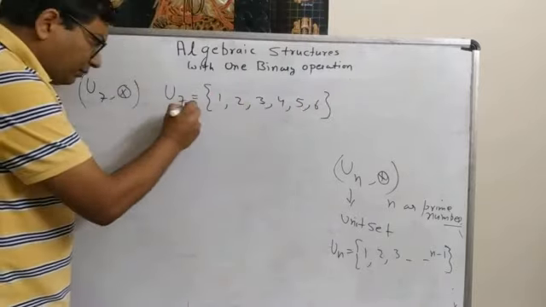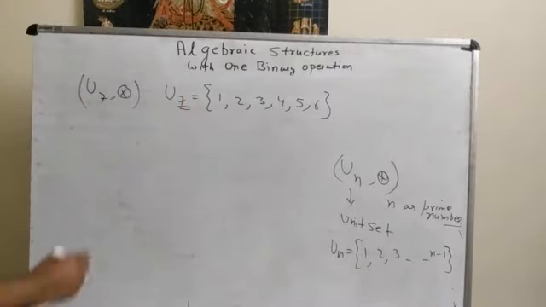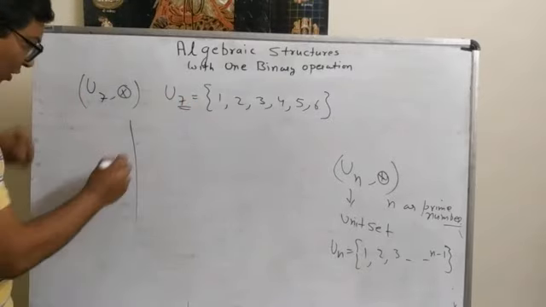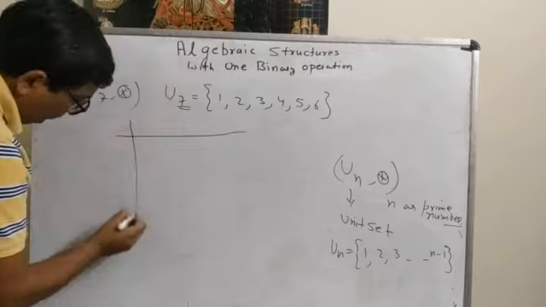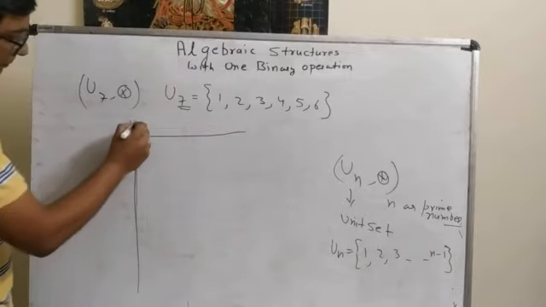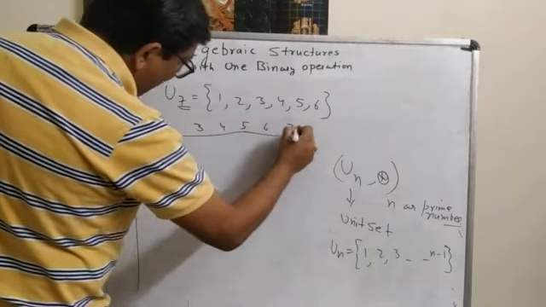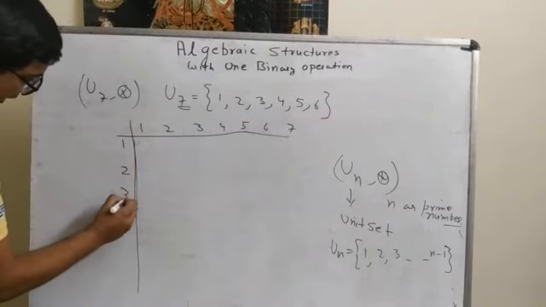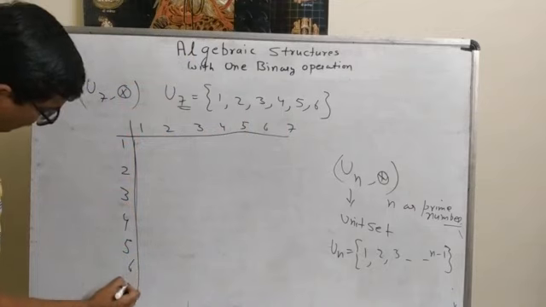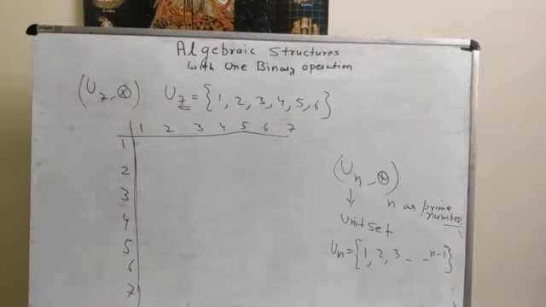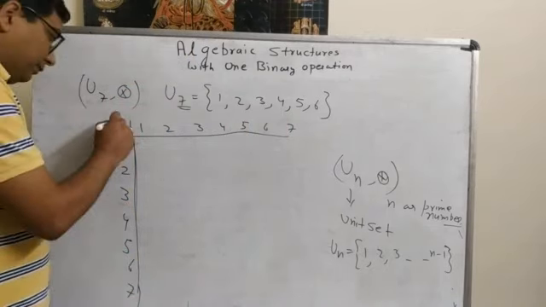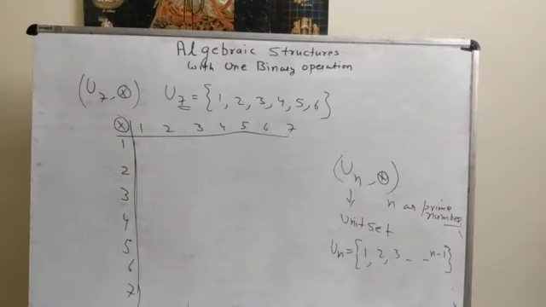And note that this 7 is a prime number. So we write 1, 2, 3, 4, 5, 6 as the headers, and here is the multiplication sign.